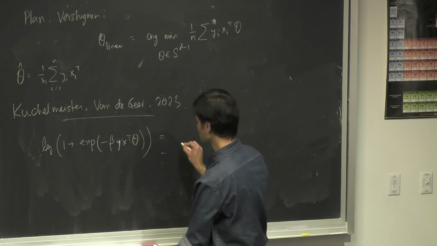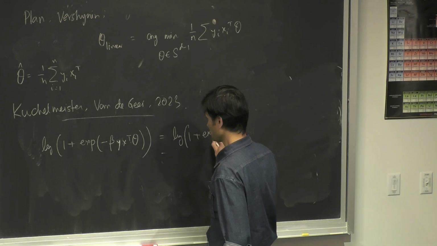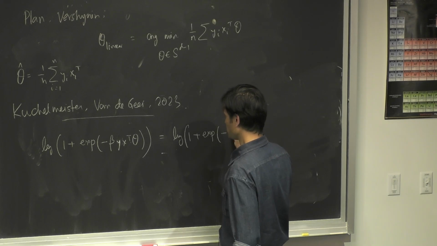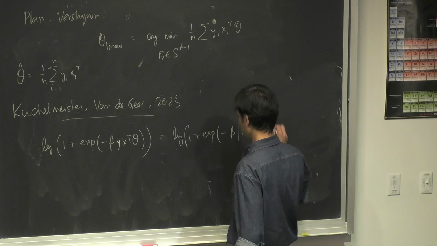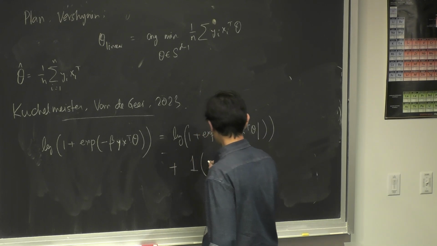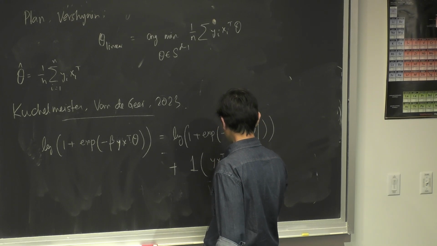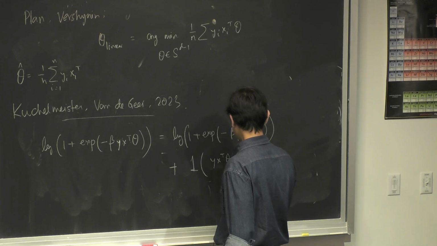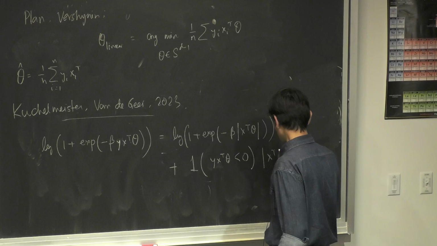You can write this as log of 1 plus exp of minus beta times the absolute value of x transpose theta, plus the indicator function of whether y x transpose theta is less than 0 or not, times the absolute value of x transpose theta.